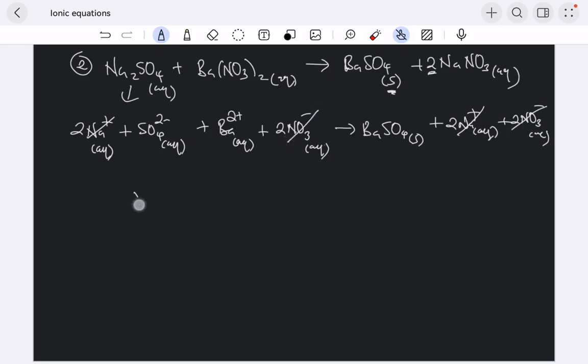So the final becomes Ba2+ aqueous plus SO4 2- aqueous, giving us BaSO4 solid. So that becomes the final net equation. Let's look at another example.